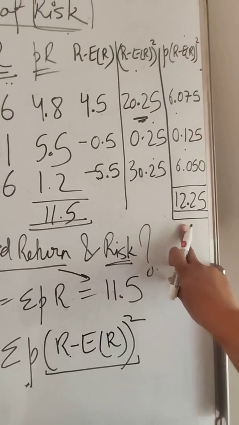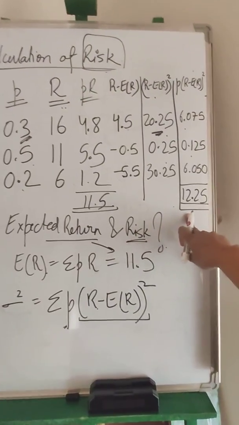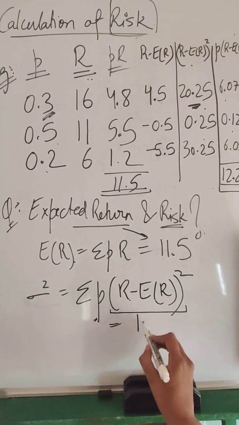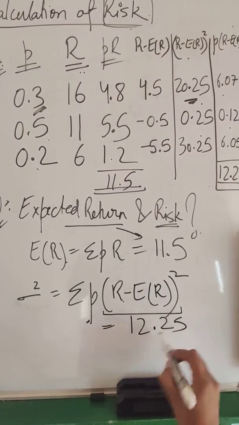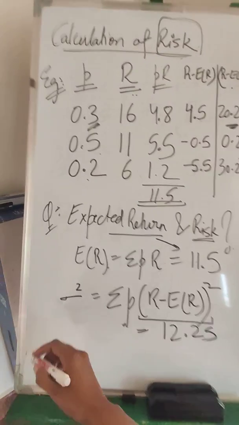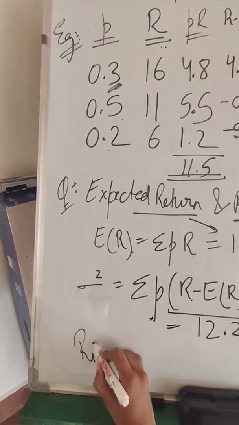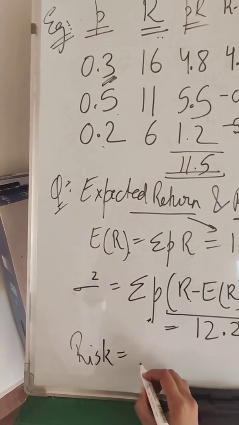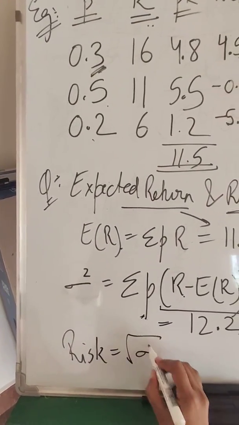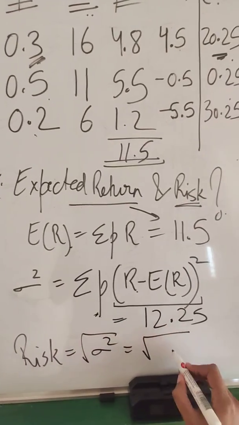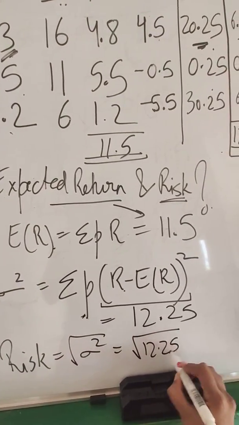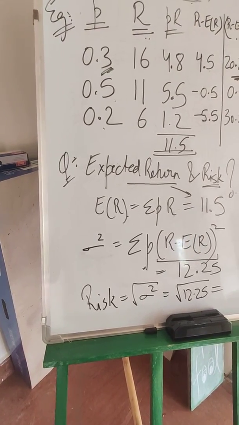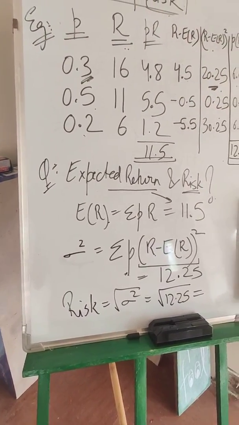This is the figure I require in the entire calculation. So I will bring it here. This is my variance. If I have to calculate risk, that will be the square root of this variance. So the square root of sigma square, which is the square root of 12.25, and hence my answer will be 3.5.